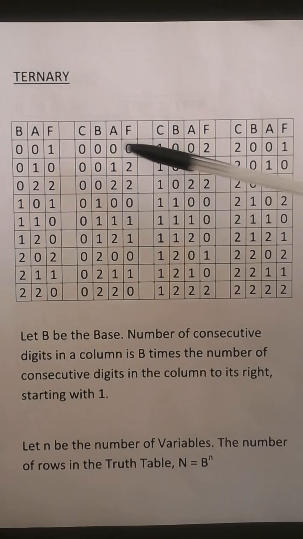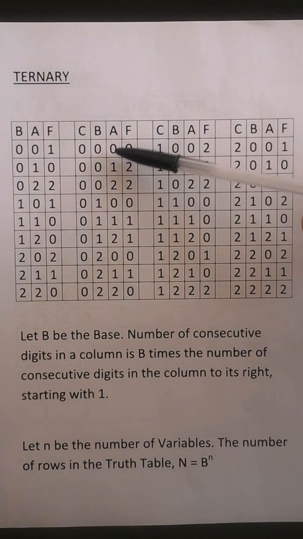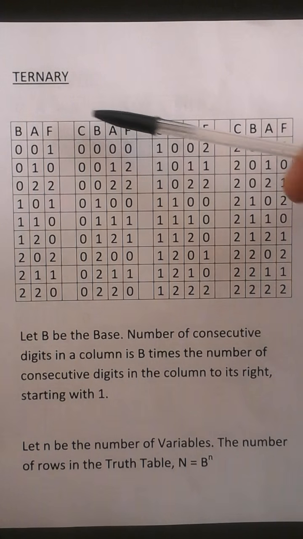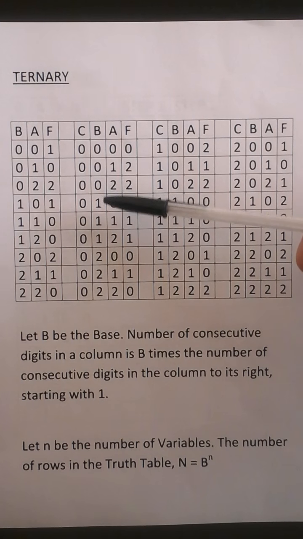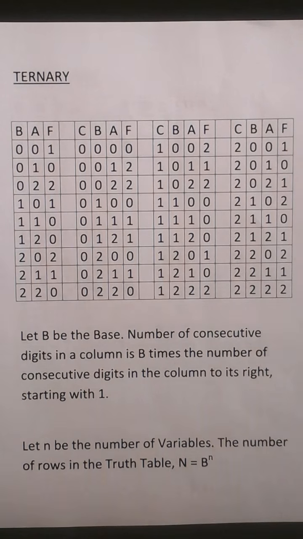Here we have base 3, 3 variables, 3 digits 0, 1, 2, n equals 3 inputs, so 3 cubed is 27 rows of the truth table.